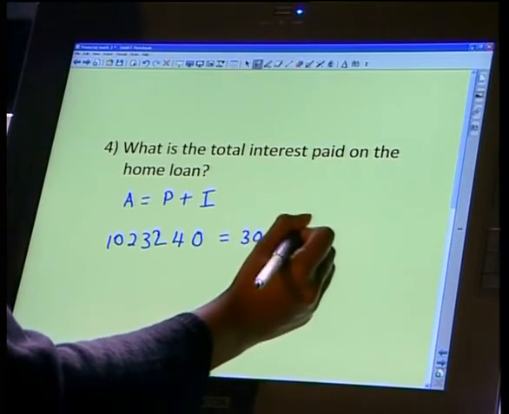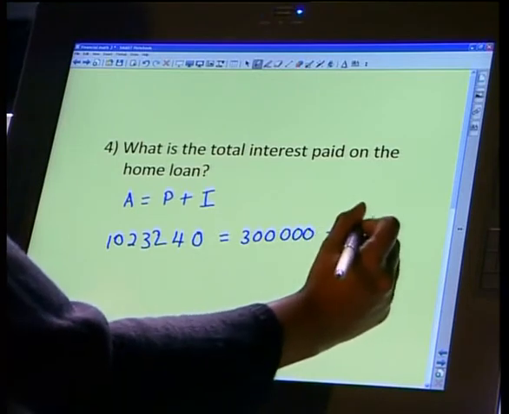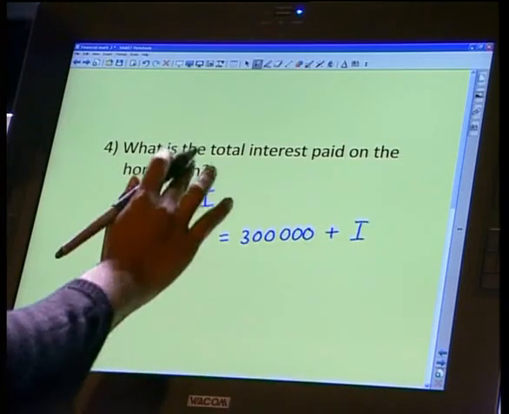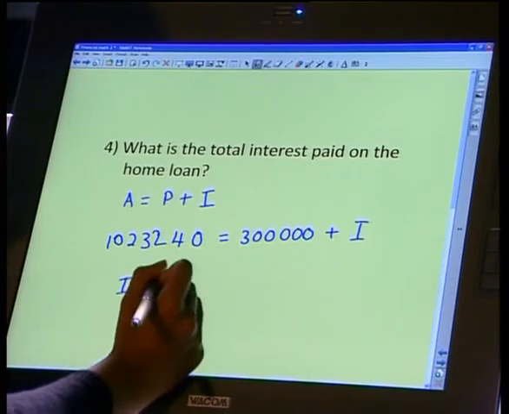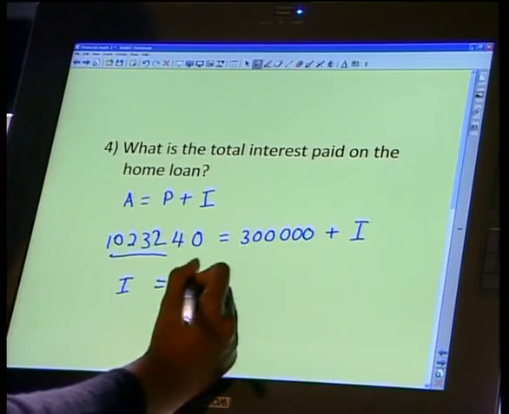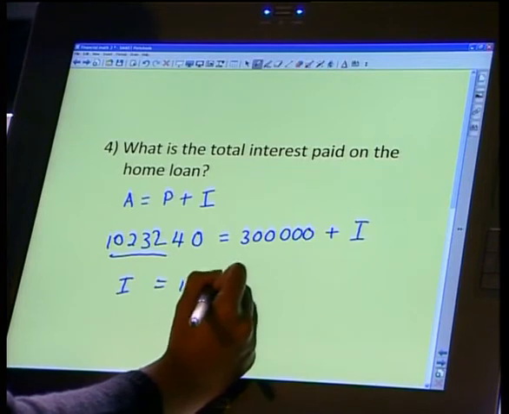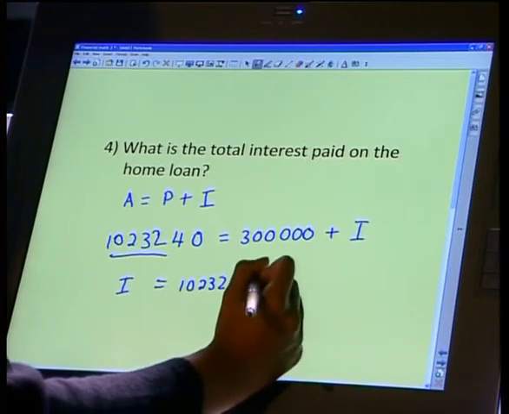That was the value of the loan, plus whatever interest they're going to pay back. So the interest will just be the final amount minus the initial payment.